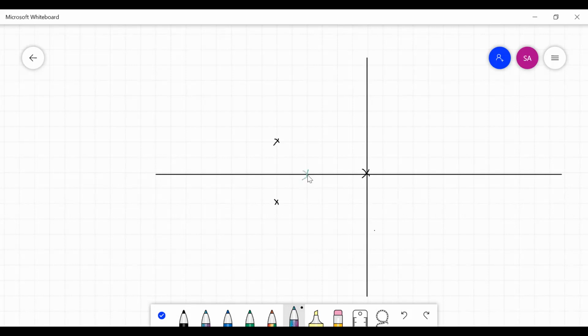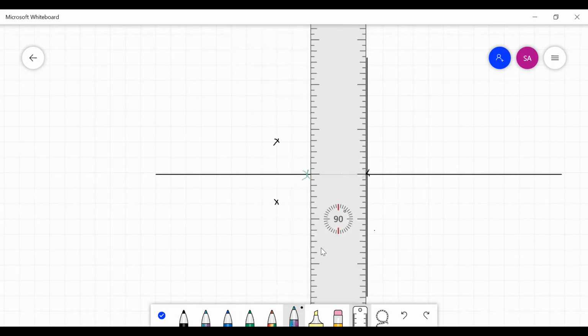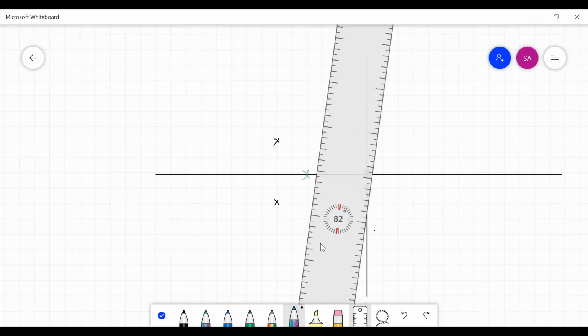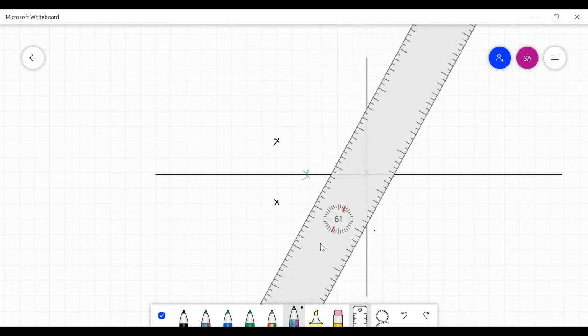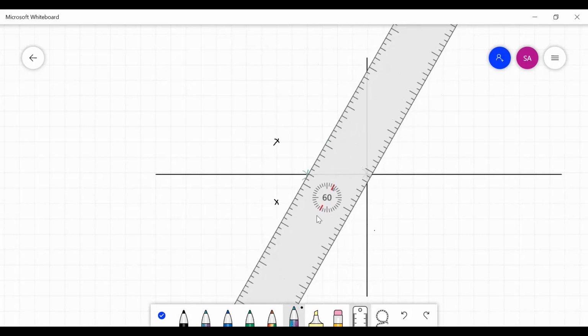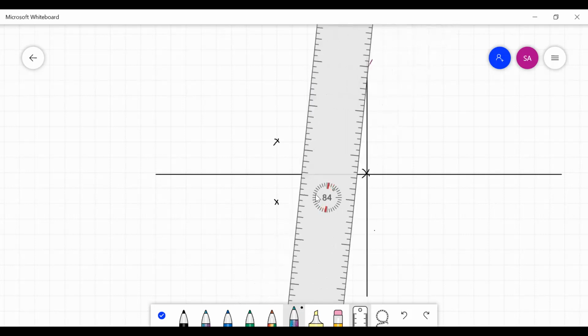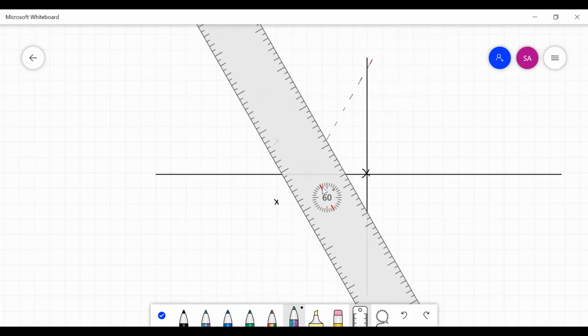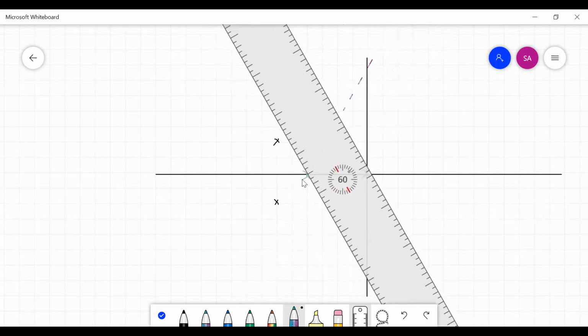Then from here, keeping the angle 60 degrees, you have to mark. We had 60, 180, and another one at 300.